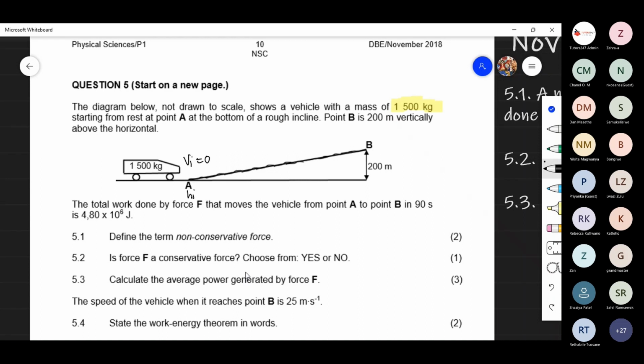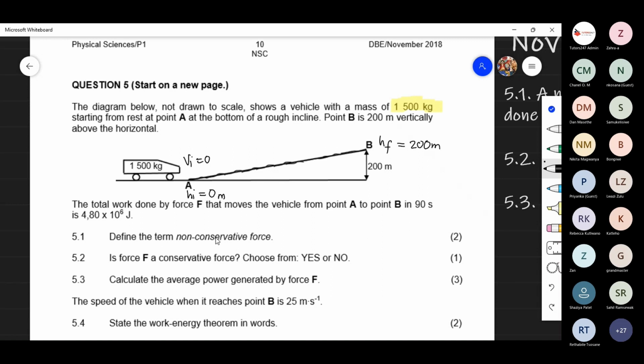Then it states point B is 200 meters above the horizontal. So we now know that our final height is 200 meters above the ground. And our initial height would be 0 meters above the ground because it's on the ground.